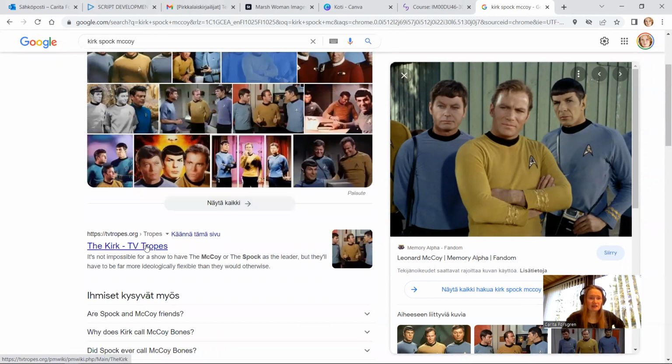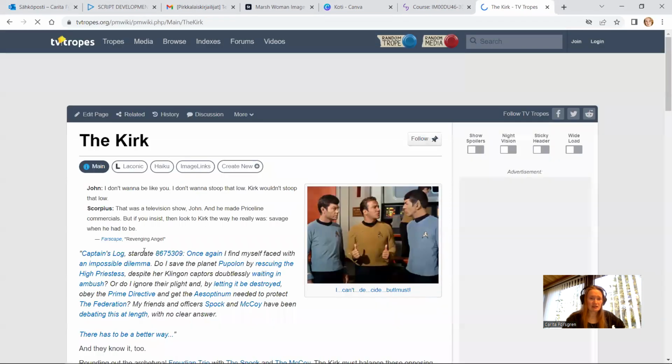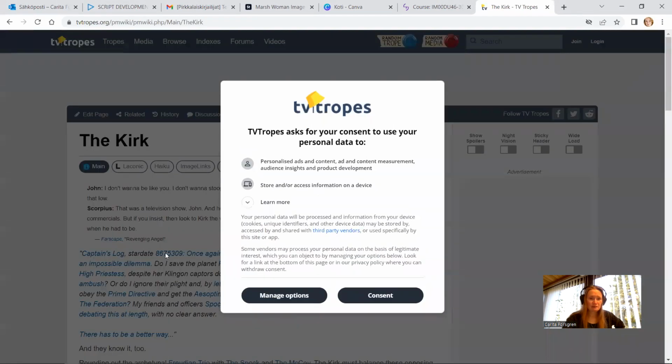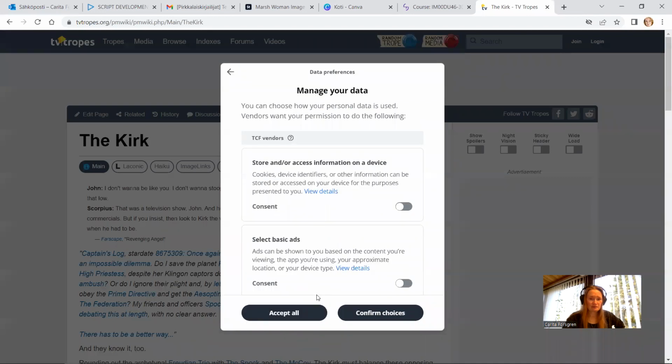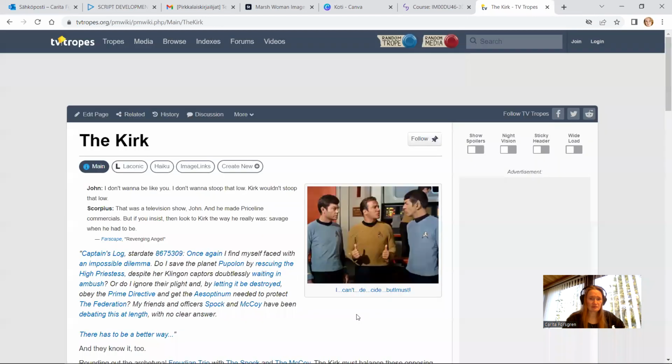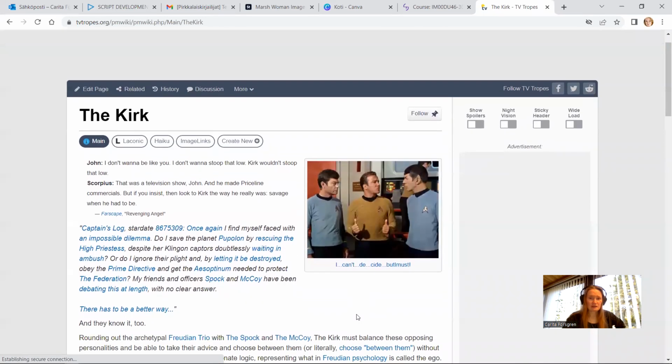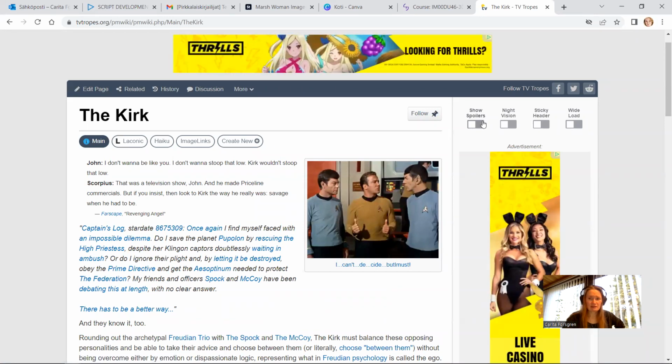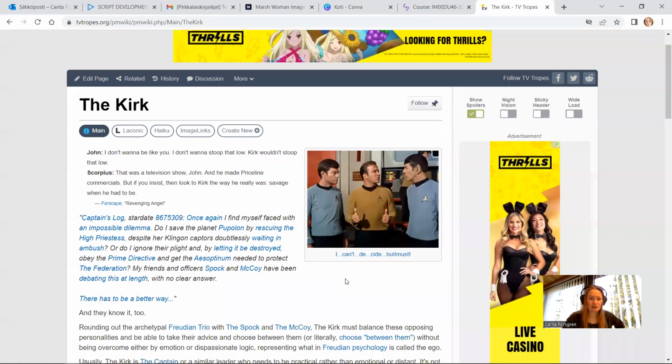And you will find this also in TV Tropes, which you probably know. It's easy to get stuck in TV Tropes. So Kirk is a trope in itself. And of course, I want to show the spoilers. He's called the Kirk.